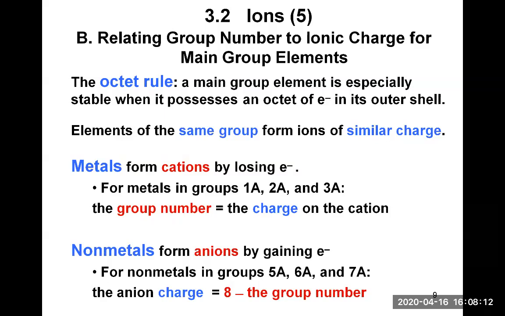And so group 5A will typically have 3 negative charges when they become ions. 8 minus 6 will mean 2 negative charges for elements from group 6A. And 8 minus 7 will be 1 negative charge for the halogens from group 7A.